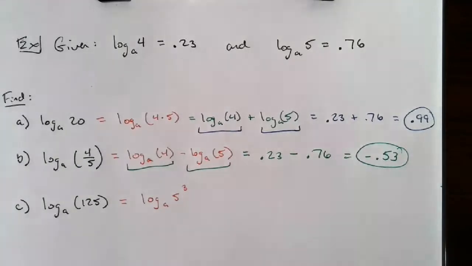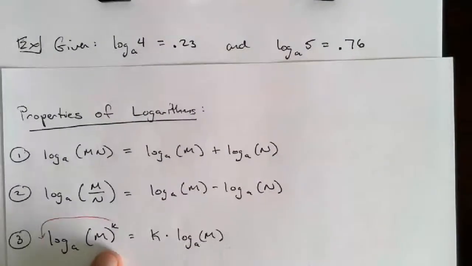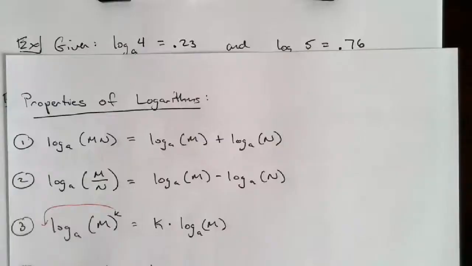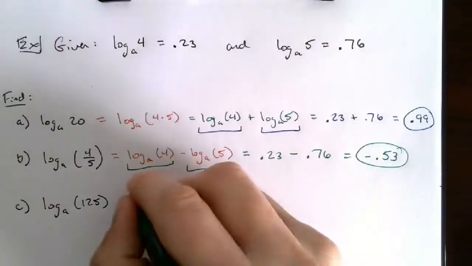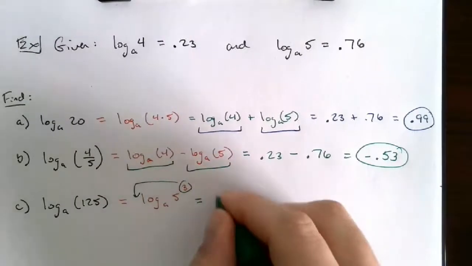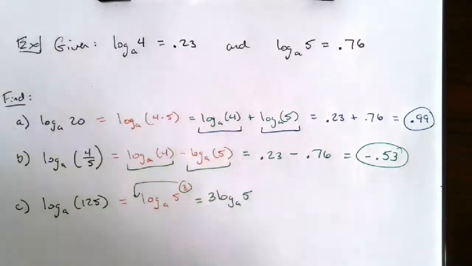And then what does my rule tell me? Well, if I'm taking the log of something with the argument being raised to a power, that tells me I can bring the power out in front. So I'm going to bring this 3 down in front and I end up with 3 log base A of 5.